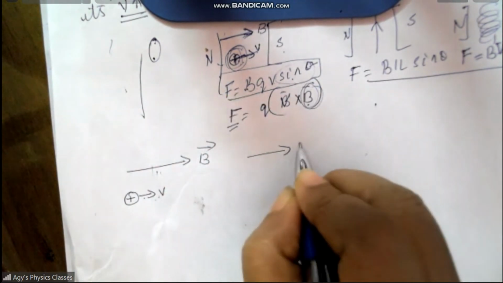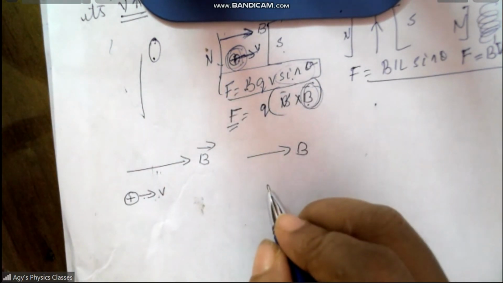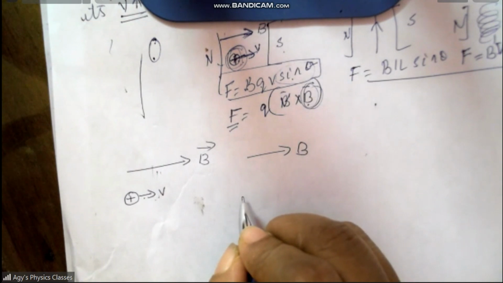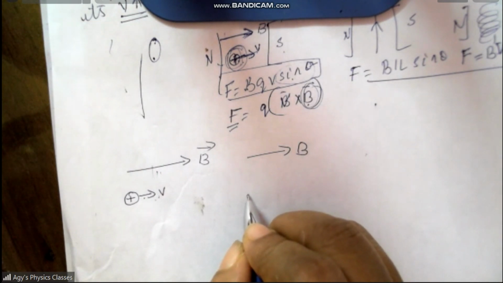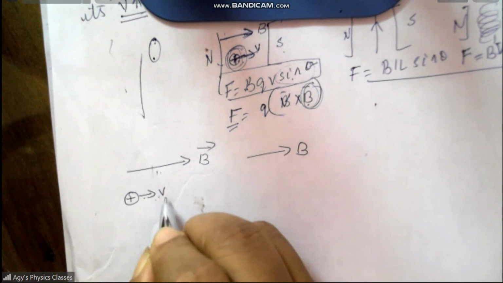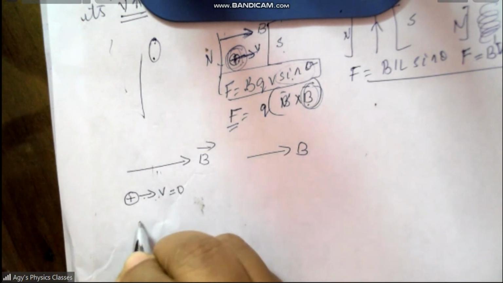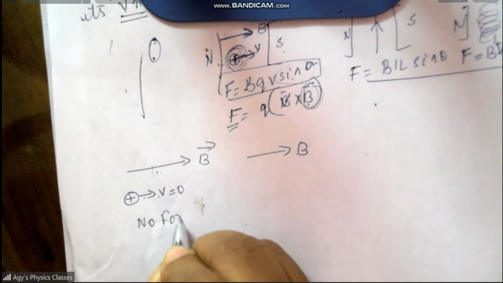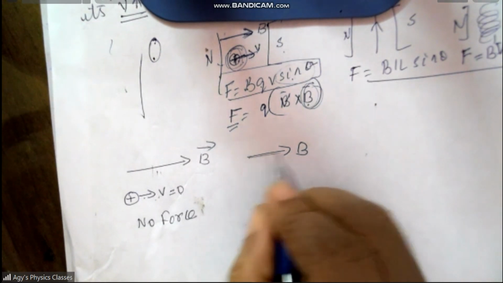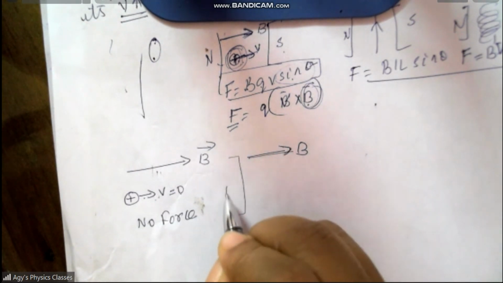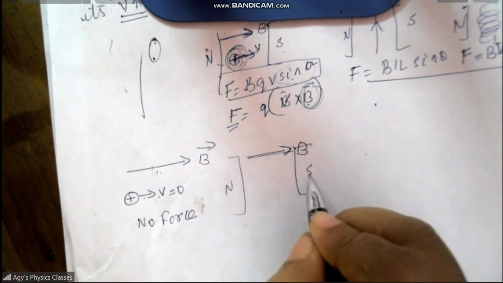If this is a magnetic field, and if the charge is at rest, there is no force. If it is like this, that means this is the north pole, this is the south pole.